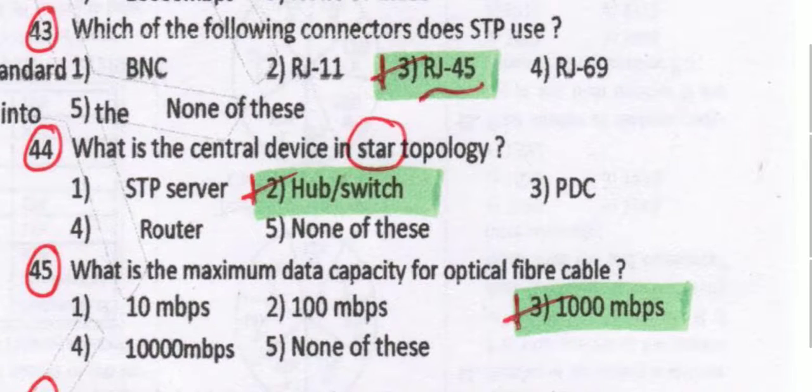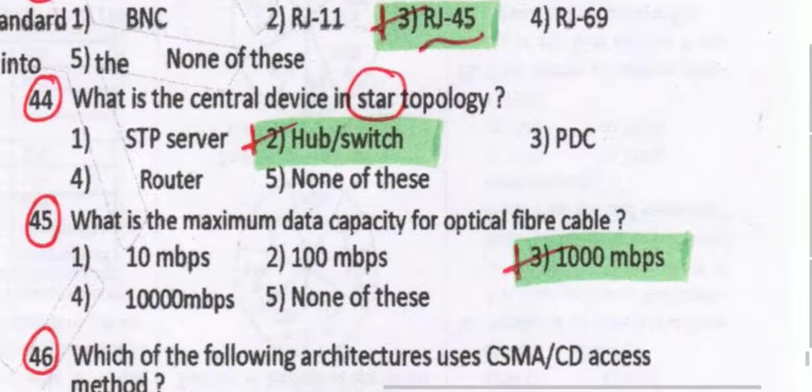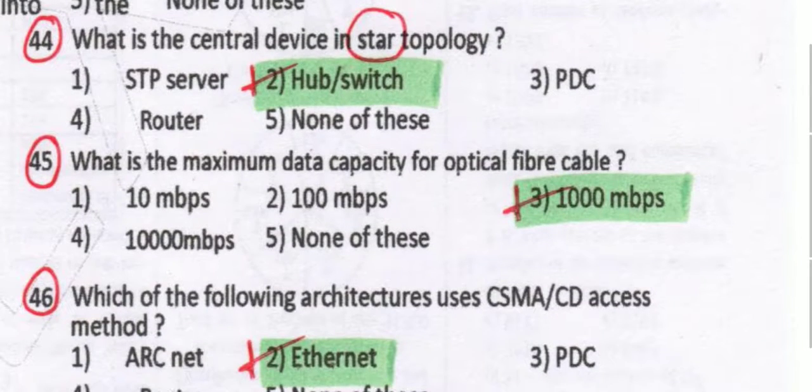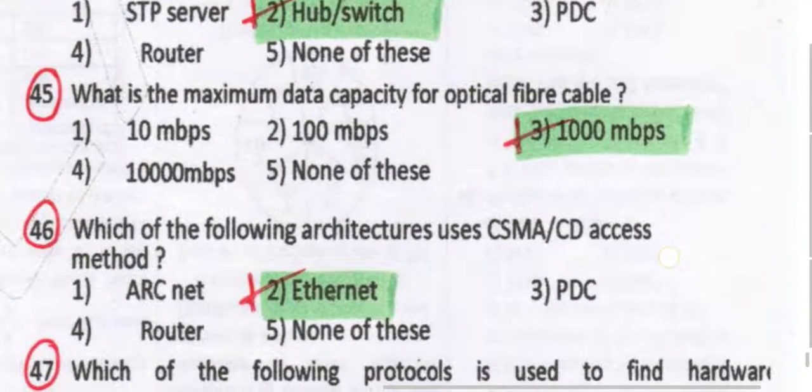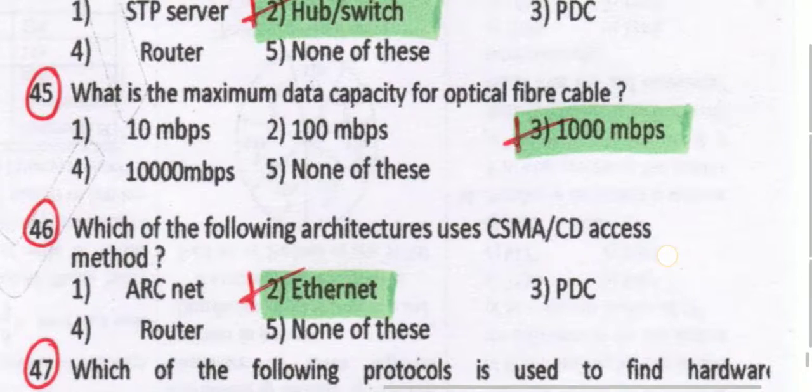What is the central device in a star topology? A hub or switch is the central device. What is the maximum data capacity for optical fiber cable? That is 1000 Mbps.